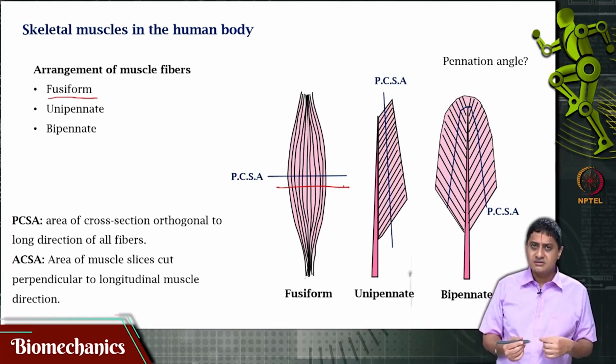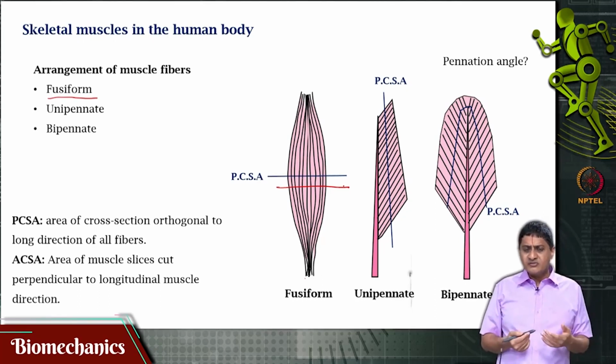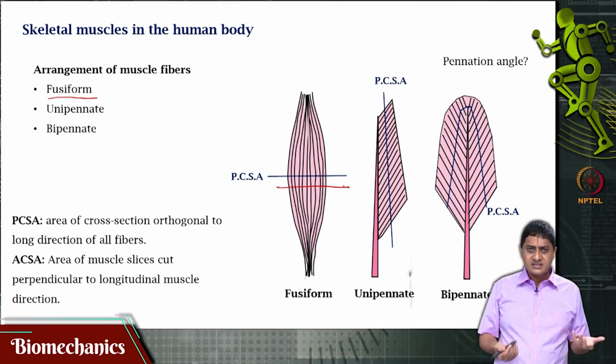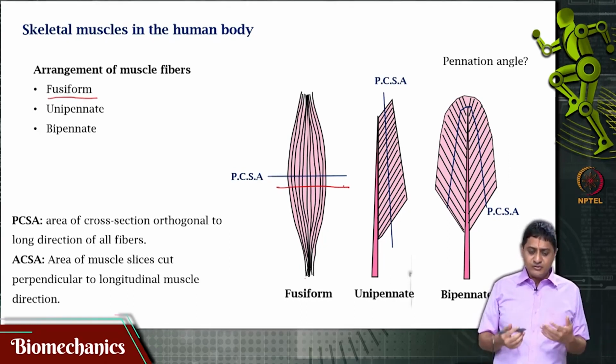But this does not consider the fibers or their orientation. Immediately you are asking, can the orientation of the fibers be different within the muscle? Yes, of course. That is what constitutes the pinnate muscles.